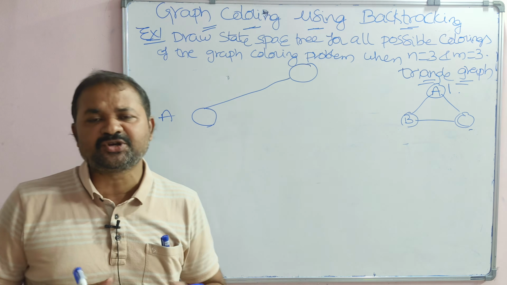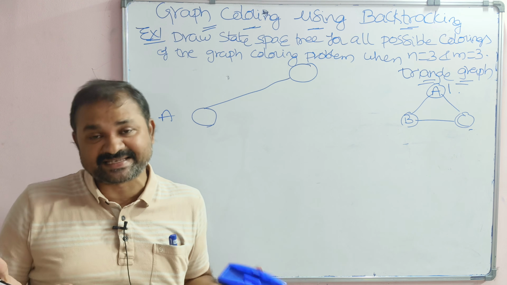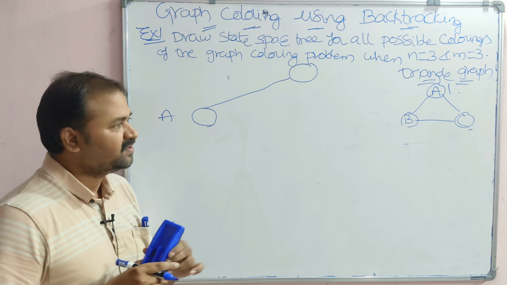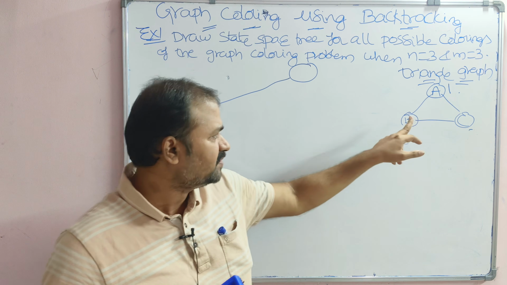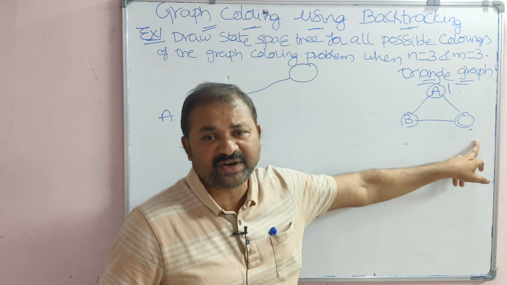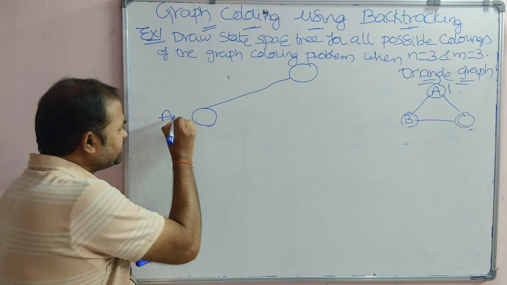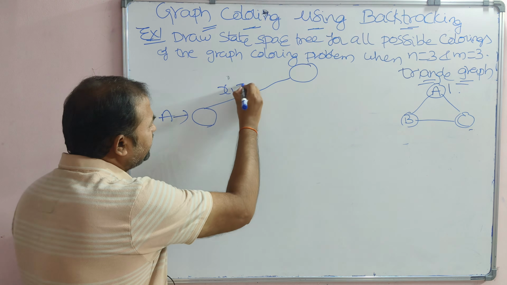Here the optimal solution is represented by the solution vector X. We have 3 vertices, so for coloring vertex A the solution is X1, for B it is X2, for C it is X3. In order to color vertex A, we are using color 1.